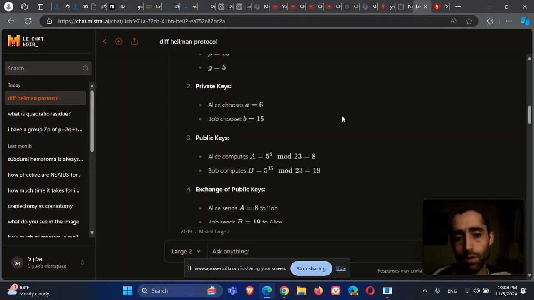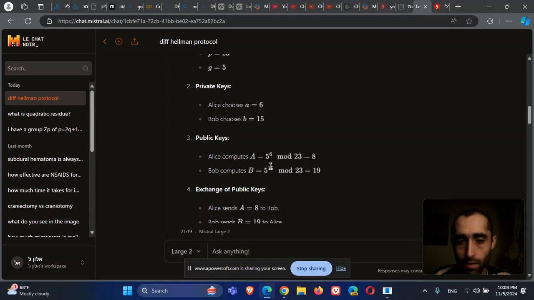Only Alice will know a, only Bob will know b, and they share their public keys g to the power of a mod p, g to the power of b mod p. They share those with everyone. Everyone knows that. But still, because of the discrete logarithm problem, no one will be able to efficiently get this small a or this small b.